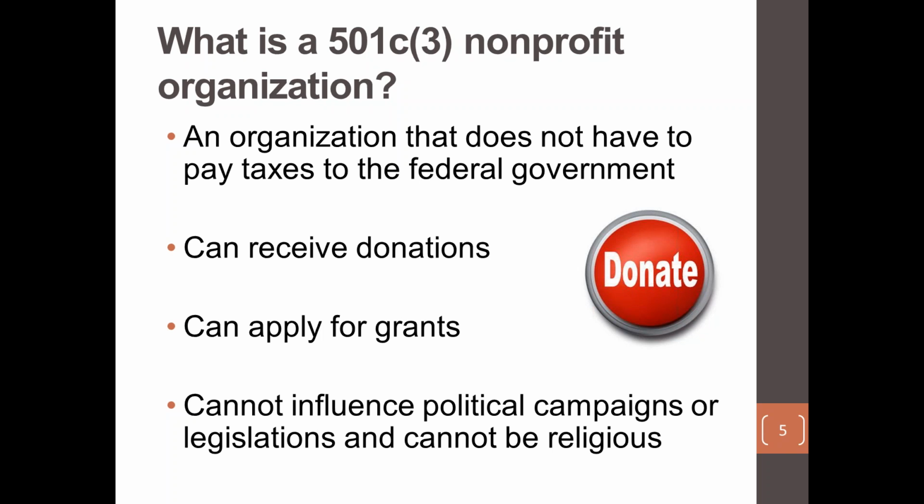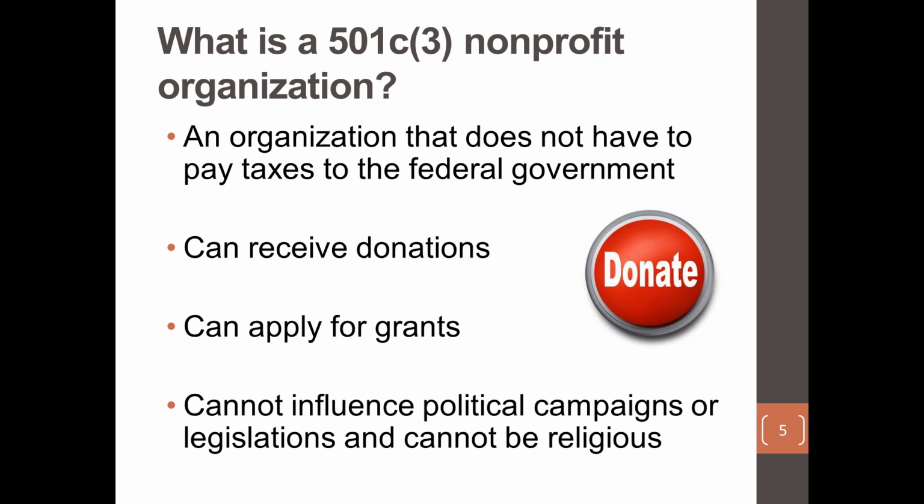Now, anybody can create a nonprofit organization, but to be called a 501c3 nonprofit organization, it's a classification or a designation by the IRS that's given to you after you fill out some paperwork, and it just means that you don't have to pay federal taxes to the government for any of the money that you make, whether it's from donations or through grant writing.